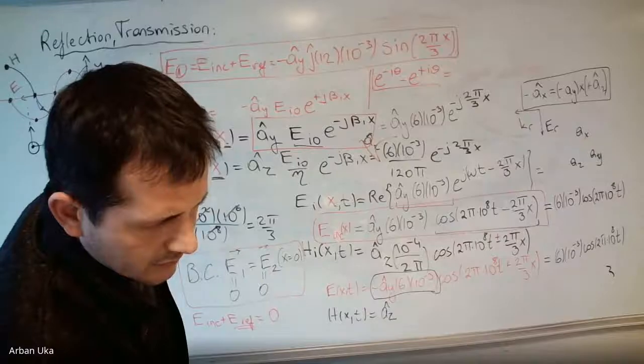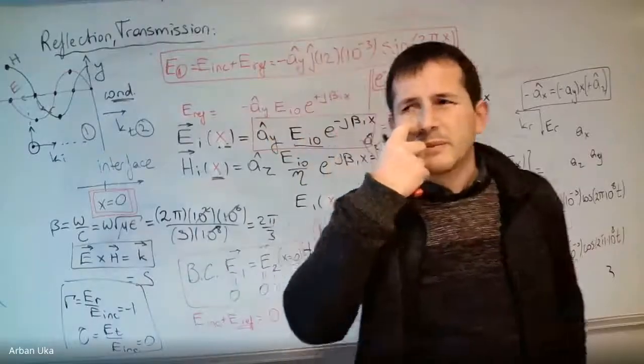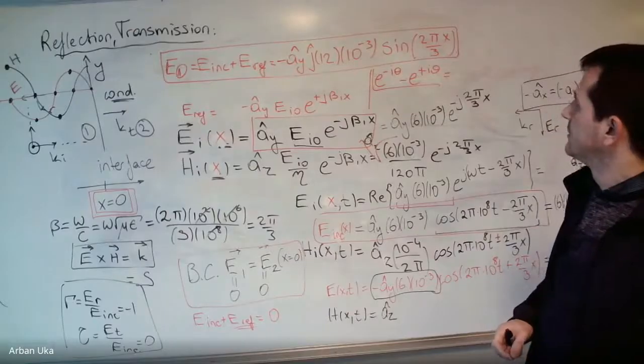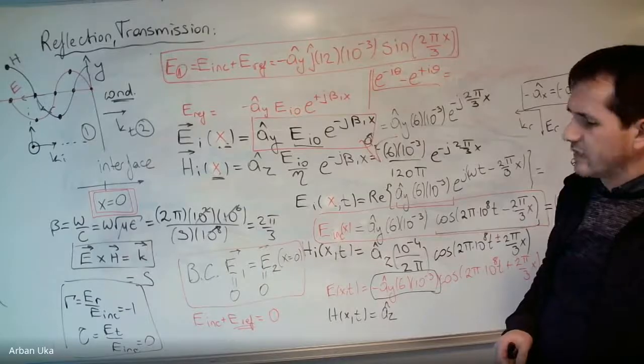Can we distinguish between the opposite direction and the right direction, but e times e to the power minus j beta 1 z, the e to the power plus j beta 1 z. They are on the same axis, but in opposite directions. Yes. For this one, it doesn't have minus a_y at the front.